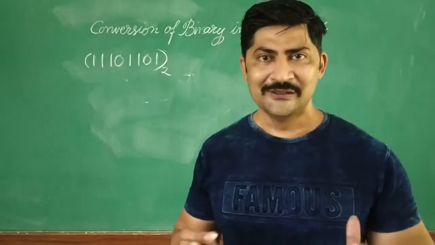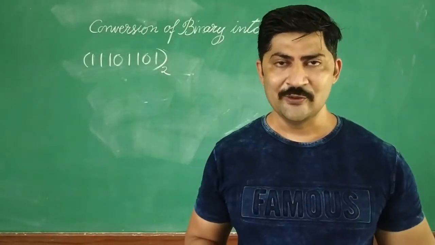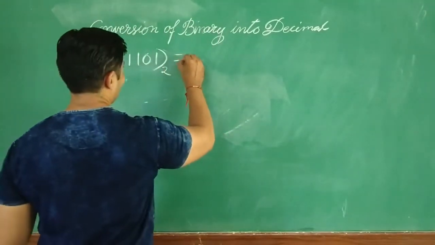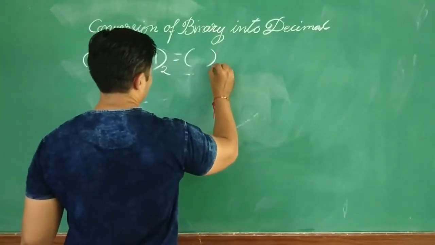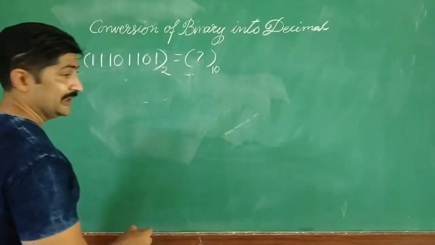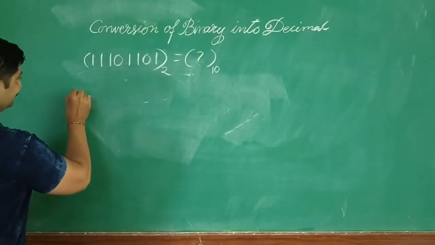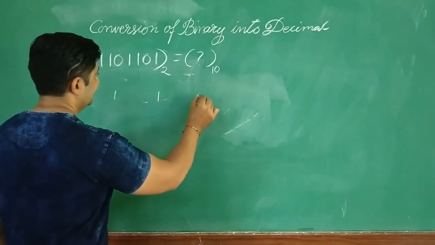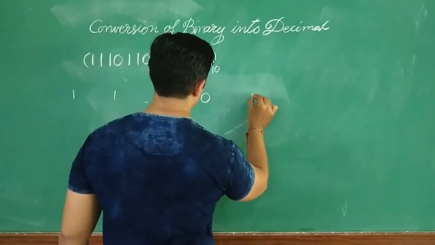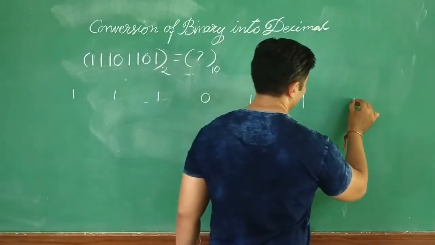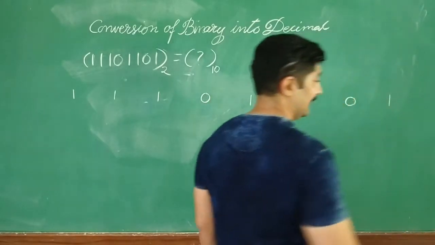This much longer number will be asked to you in the MCQ. So we will try to solve this. Fine. The technique remains the same. 1, 1, 1, 0, 1, 1, 0 and 1.